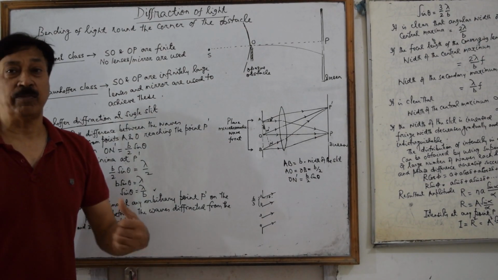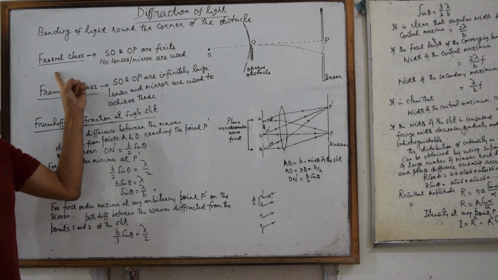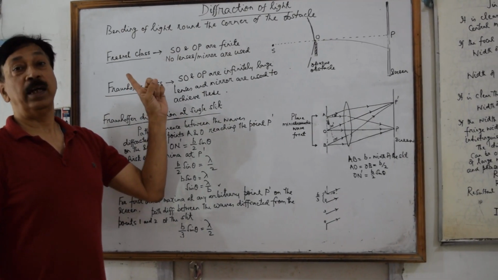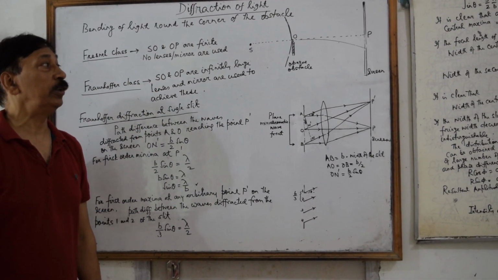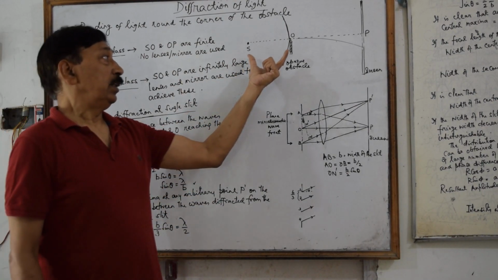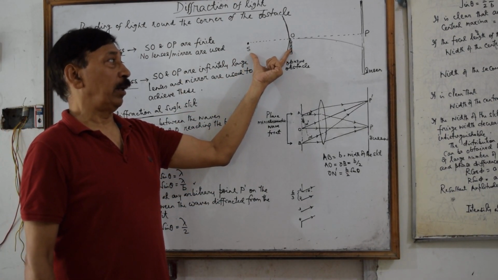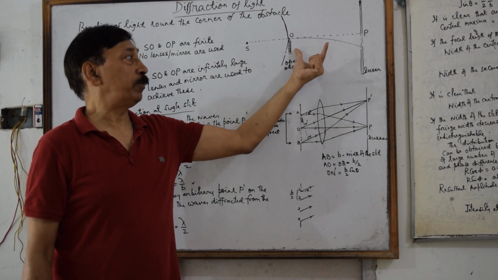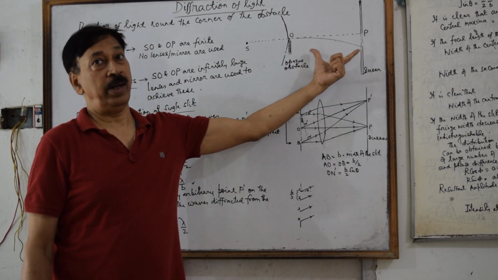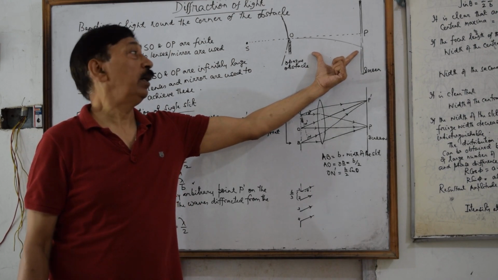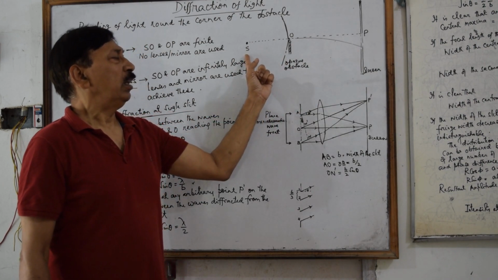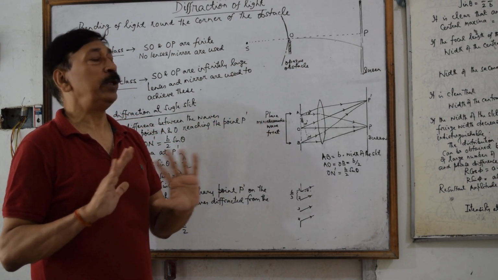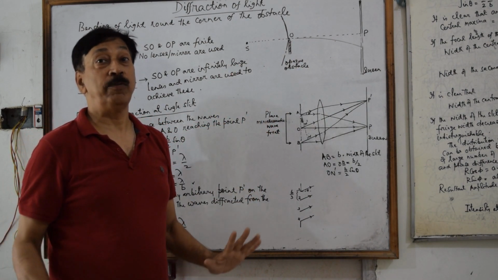Now, the classes of diffraction. Two basic classes of diffraction are the Fresnel class and the Fraunhofer class. In the Fresnel class of diffraction, the source and obstacle are at finite distances, as well as the obstacle and the screen are at finite distances from each other, and no lenses or mirrors are actually used to produce and analyze this class of diffraction.